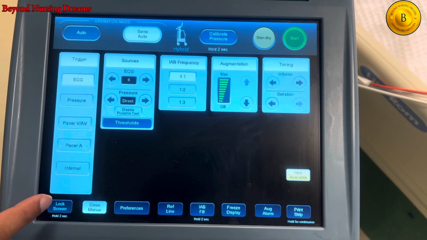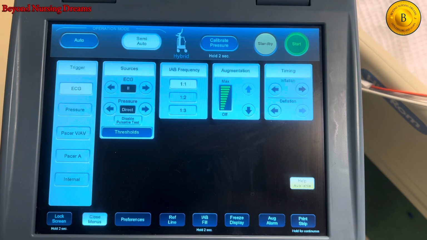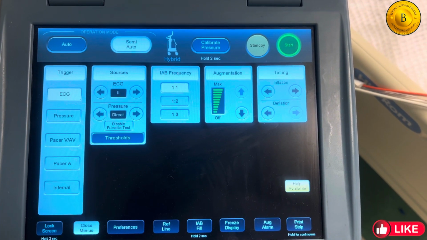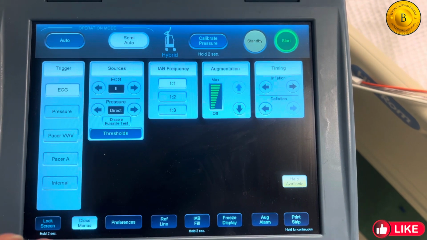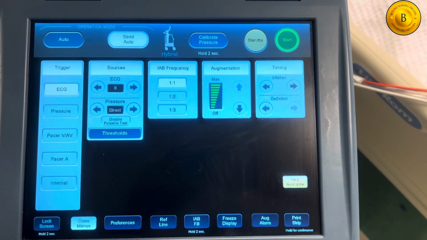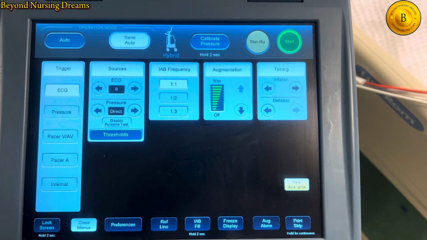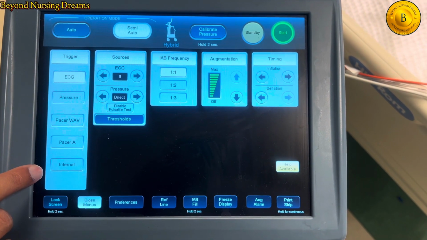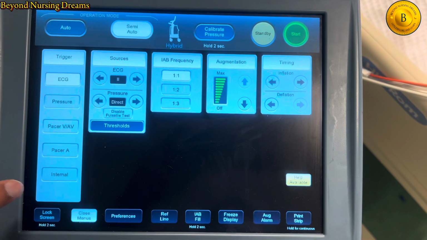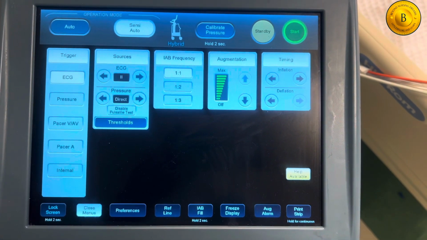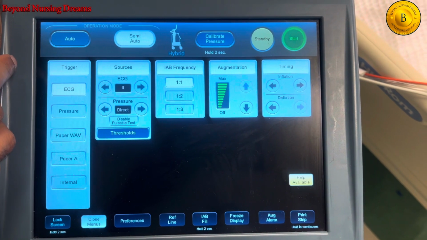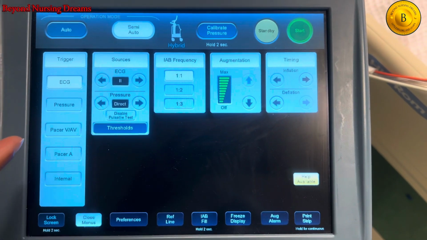We use the internal trigger in asystole, when the patient is in cardiac arrest with no cardiac contractility, pulseless electrical activity. If we insert the aortic balloon pump at that time, we can use the internal trigger for the time being. After that, if the patient is reverted or ROSC is achieved, then we can go to the ECG or pressure mode.